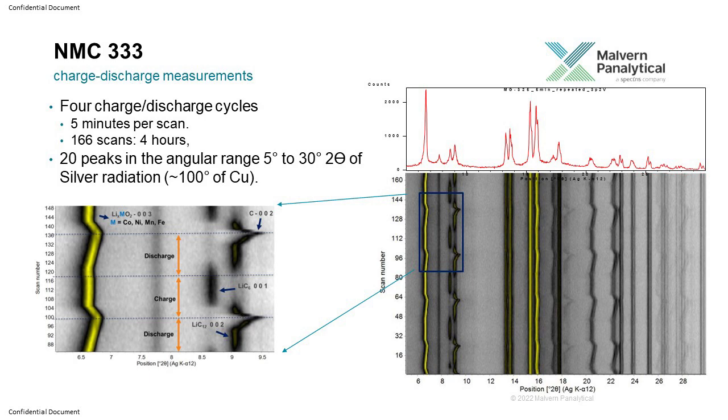If it is moving to the left, that means lattice expansion, and if the lattice is expanding, your particle will also expand. So in a way, it is looking at how your particle is breathing. It is expanding and contracting and expanding and contracting as you charge and discharge this cell.